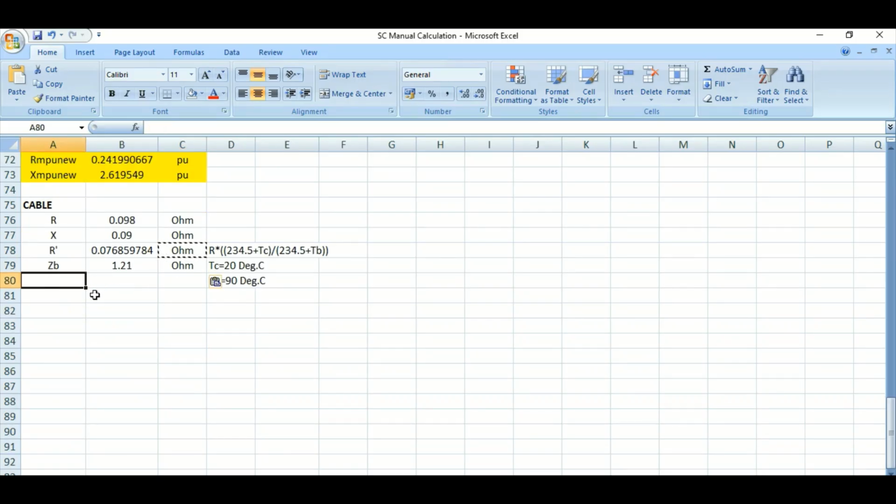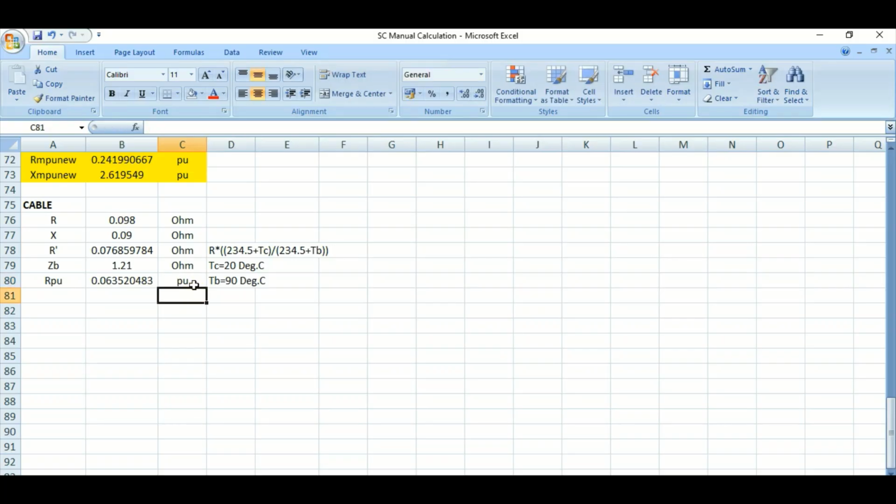So now we can find the resistance value and reactance value in per unit. R pu equals R dash divided by base impedance, which is 0.063. This is in per unit.